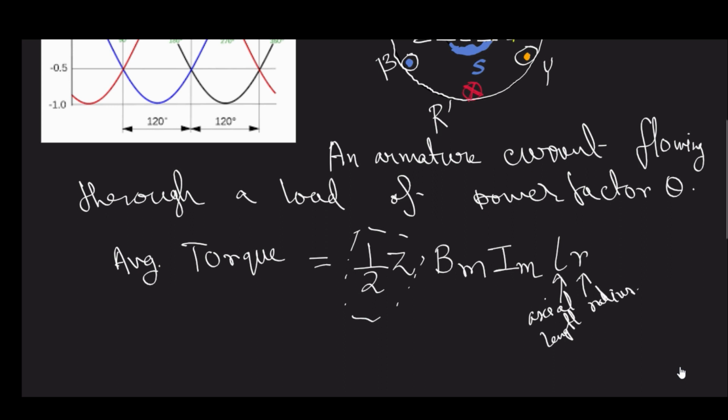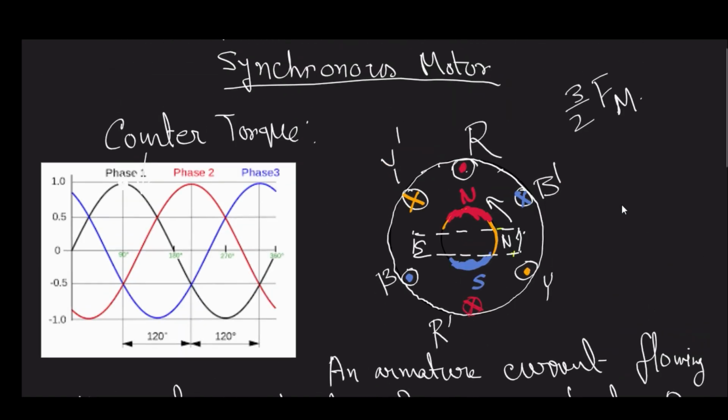This L means excluding that overhang region, and cos theta. So this makes it very clear that when you are applying a pure reactive load, either leading or lagging, then your torque will become zero.